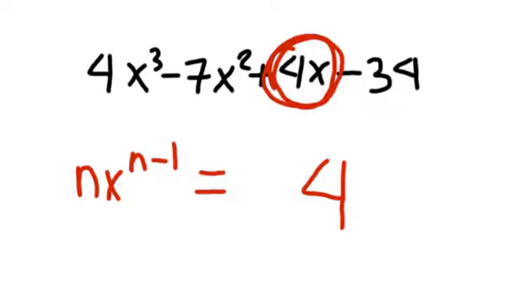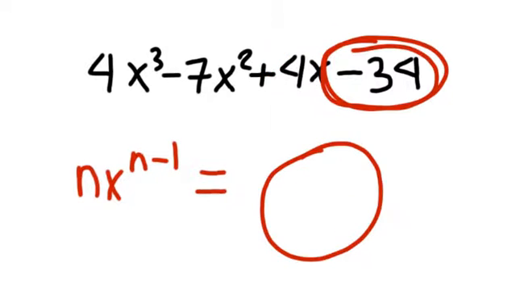Now we have our next one, negative 34. That's pretty much negative 34 times x to the power of 0. If it's x to the power of 0 and we're multiplying our whole term by whatever the exponent is, then we just get 0, because 0 times anything is just 0.